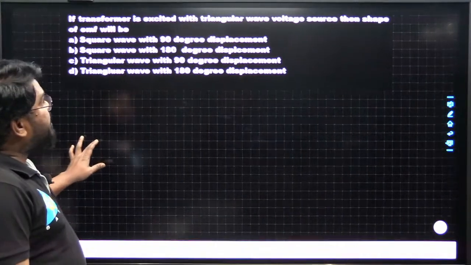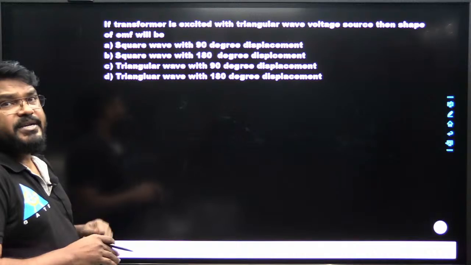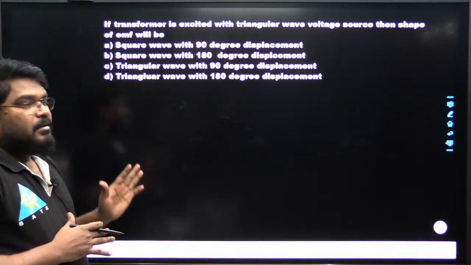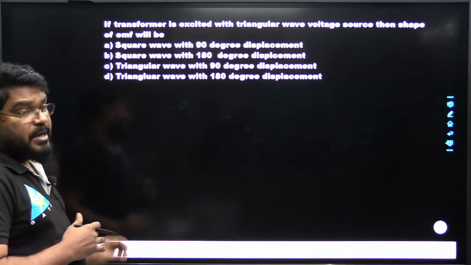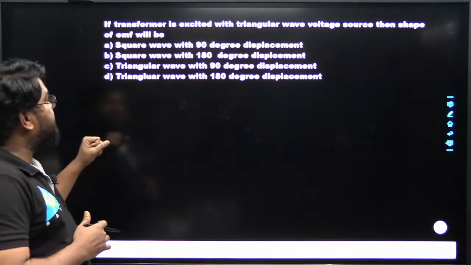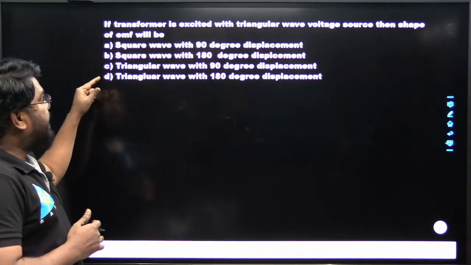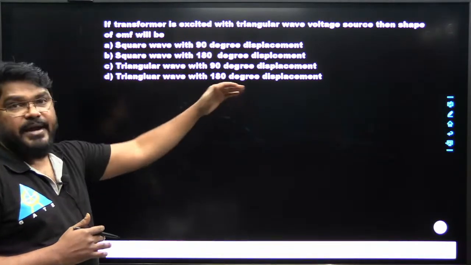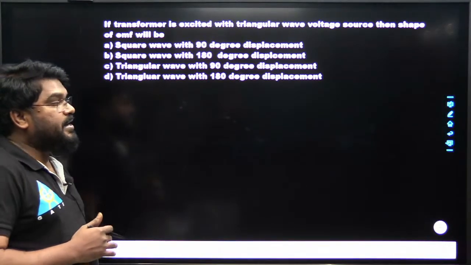If a transformer is excited with a triangular wave voltage source, instead of the sinusoidal, then the shape of the EMF will be: option A, square wave with 90-degree displacement; option B, square wave with 180-degree displacement; option C, triangular wave with 90-degree displacement; and option D, triangular wave with 180-degree displacement.